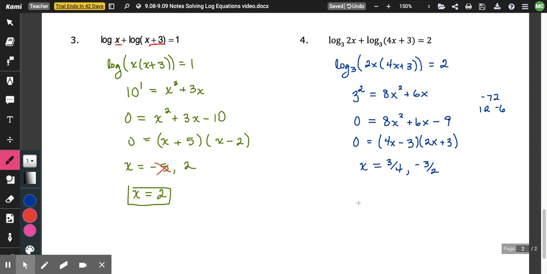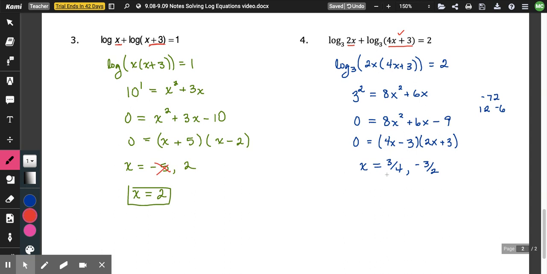And then once again, we do need to check and make sure that both of these answers are good answers for this problem. If we have to discard both of them, then we would say that there is no solution. So if I take 3/4 and put it in place of x here, that's 2 times a positive number, so that's still going to be positive. And if I put 3/4 over here, I'd have 4 times a positive number, which is positive. And then if I add to that, that's still going to be positive.